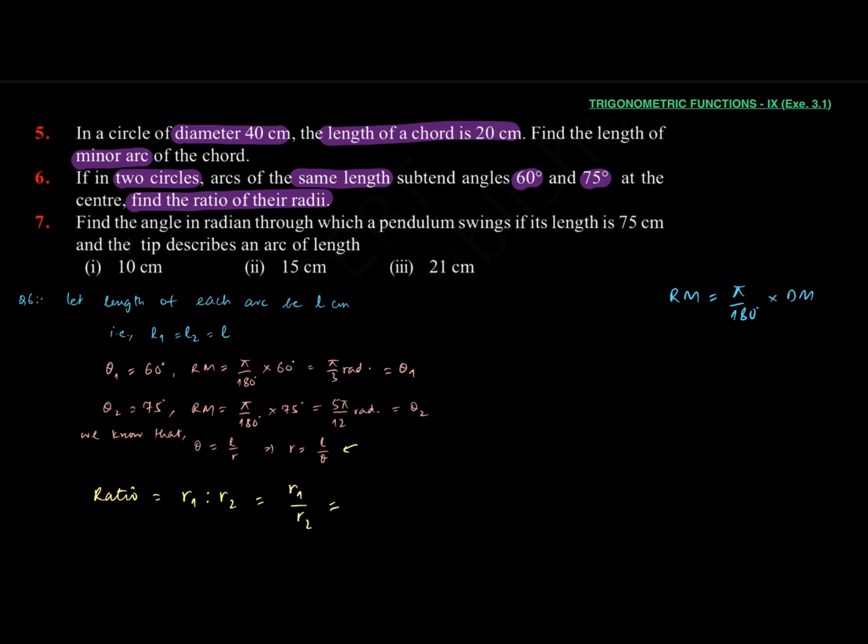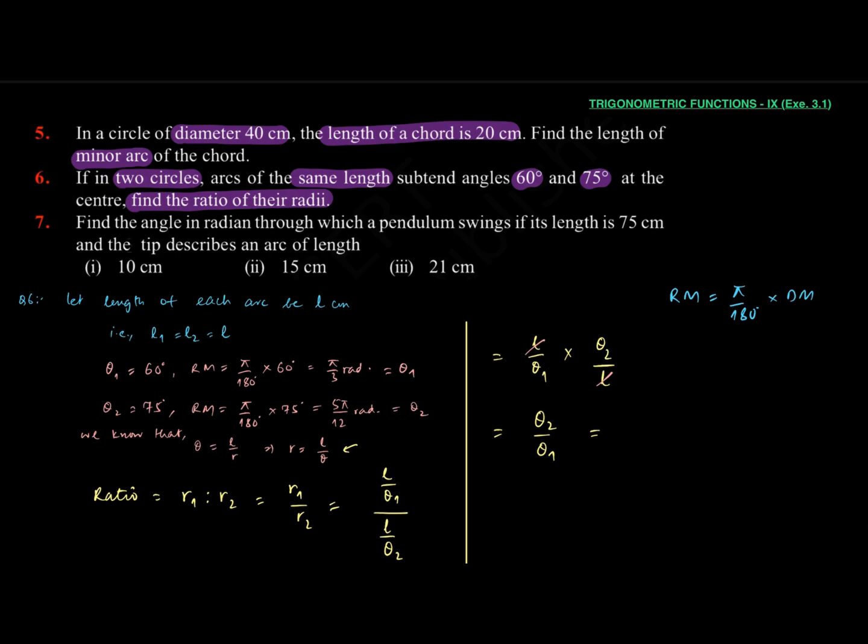Now from this relation we'll be having R1 equal to L over theta 1 whole divided by L over theta 2. Now this will be equal to L over theta 1 times theta 2 over L. L and L goes away. This will be equal to theta 2 over theta 1.